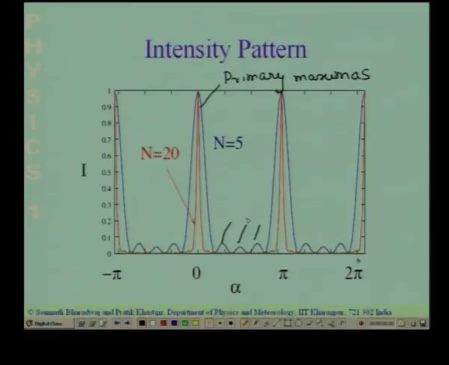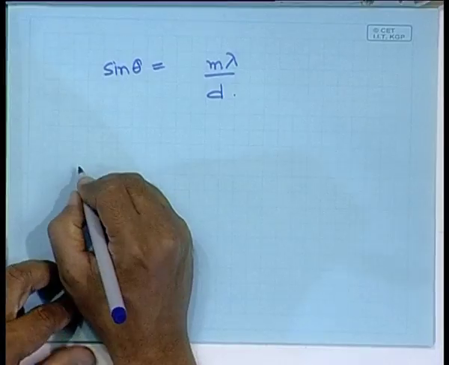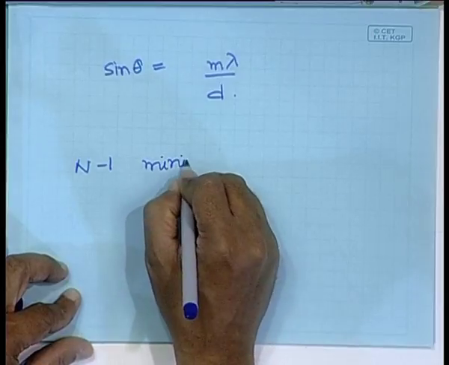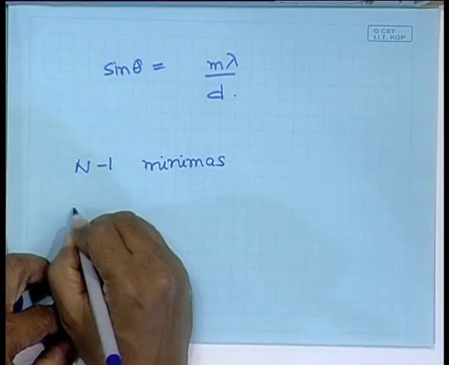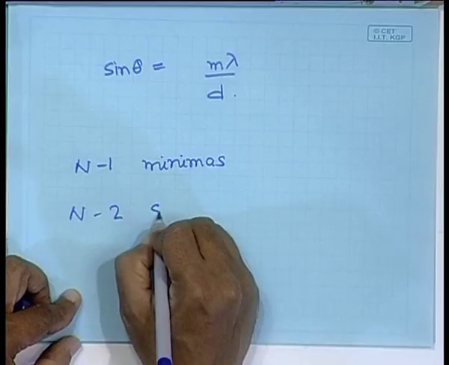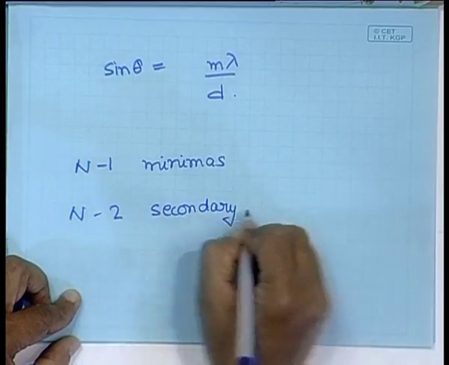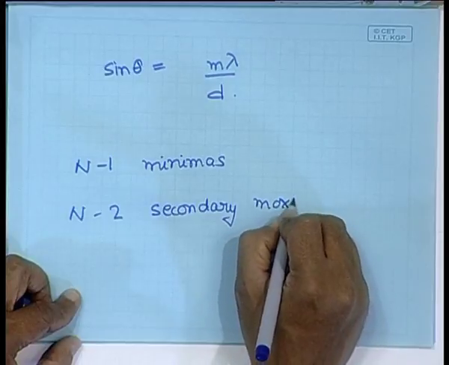So, between 2 primary maximas we will have n minus 1 minimas and we will have n minus 2 secondary maximas.